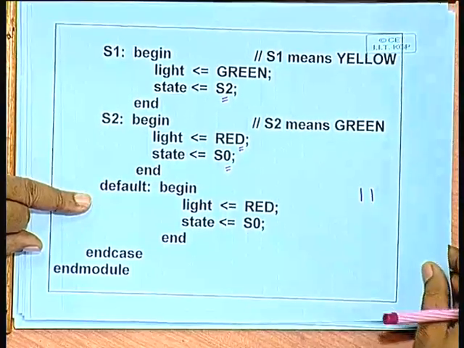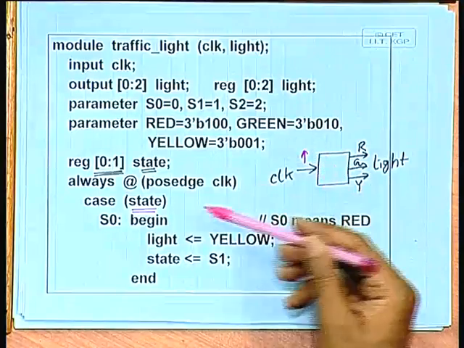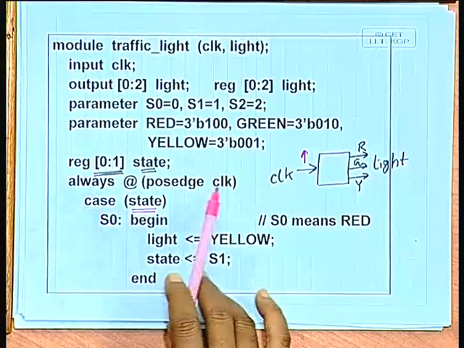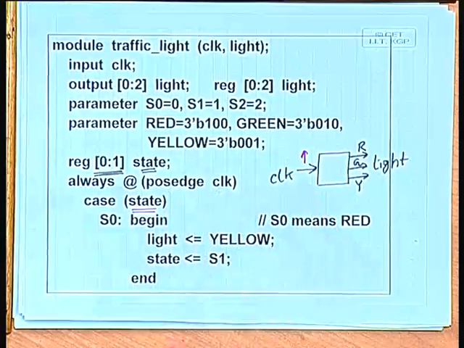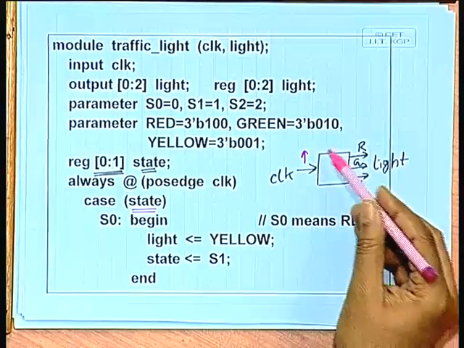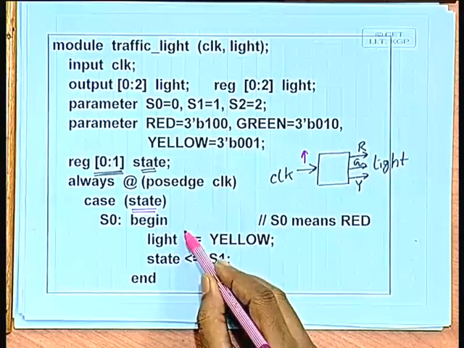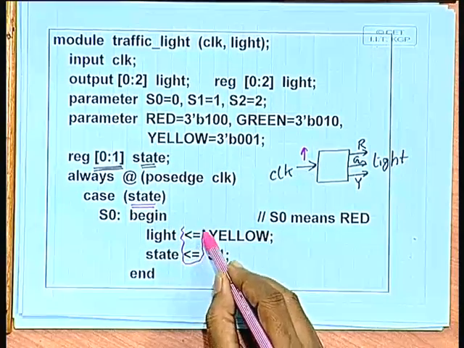Now, we look at this code once more. You see the way we have written this code, of course, we have given an always block with a clock triggered event. So, this will be modeled as a sequential circuit obviously, and these assignment statements are non-blocking.